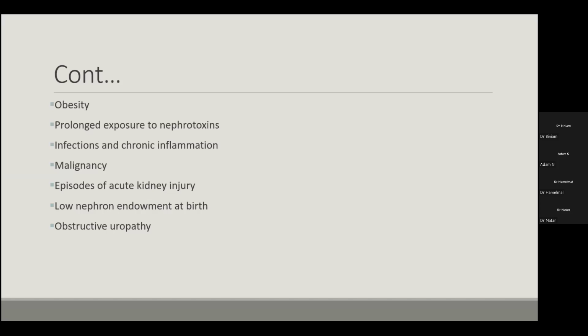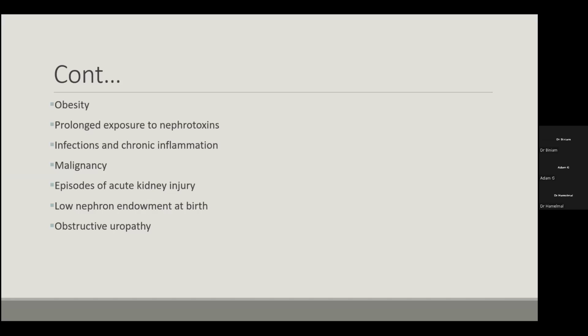For some of you who attended the last lecture, I discussed acute kidney injury as an important risk factor for chronic kidney disease. Especially dialysis-requiring acute kidney injury should be followed lifelong, and all other measures should be taken so that it does not lead to chronic kidney disease, because there is nephron loss in patients who have developed significant acute kidney injury.